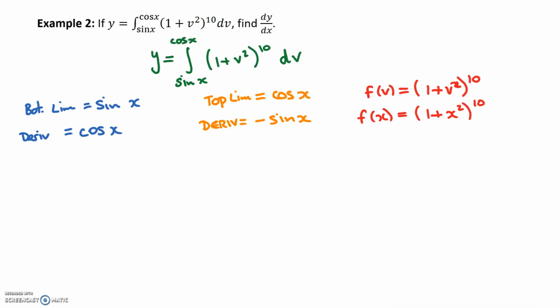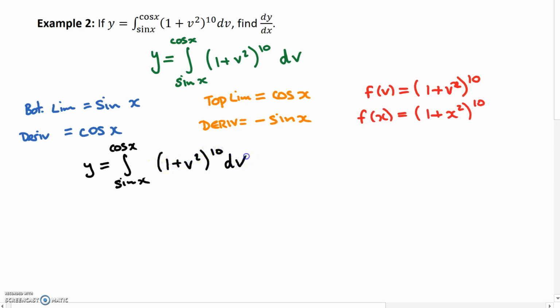Okay, so then to answer the question, if y is equal to the integral from sine of x to cosine of x of (1 plus v squared) to the power of 10 dv, then dy dx, the derivative, is equal to f of the top limit.